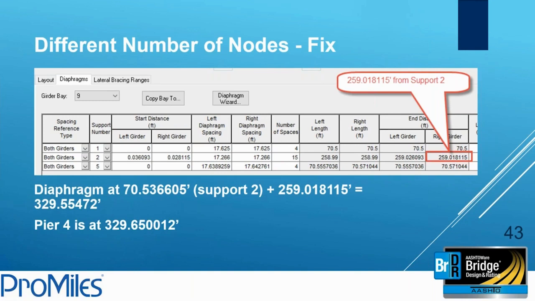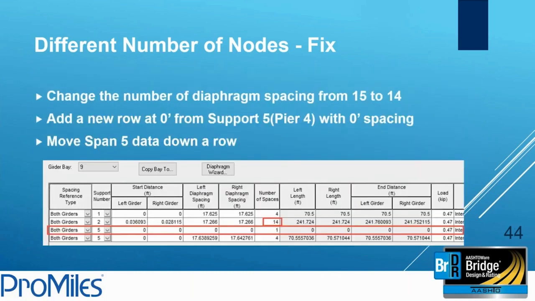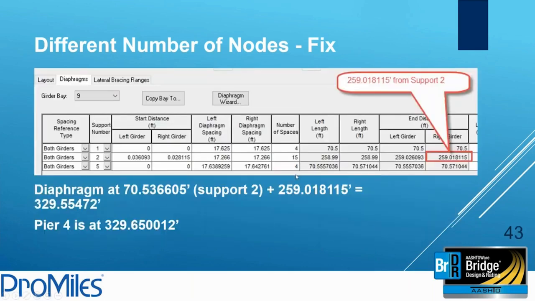So in order to make sure that the diaphragm is at the same location as the support, we will change the number of diaphragms for that row to 14. Remember, for that row which was a problem, the number of spaces was 15, so the number of diaphragms was 16.